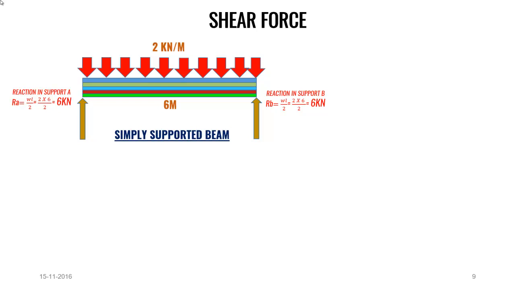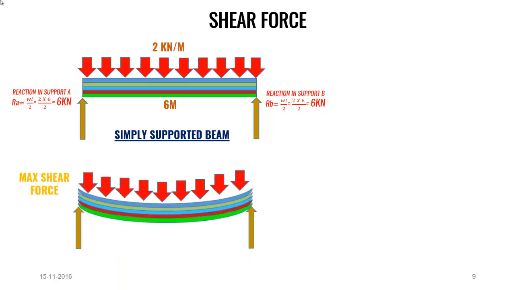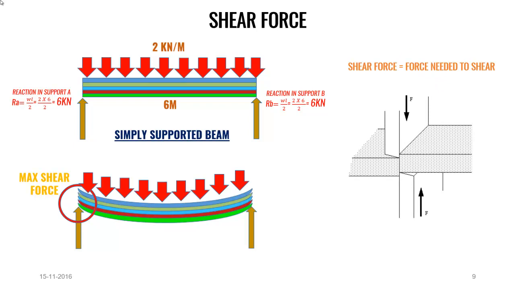Now let's see what happens to the beam when 2 kN per meter load is applied. You can see from the diagram there is a deformation in the edges. This deformation in the edges occurs due to the shear force, and in this condition maximum shear force is occurring at the edges. Look at this figure.